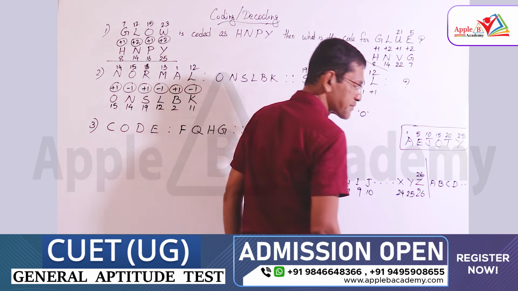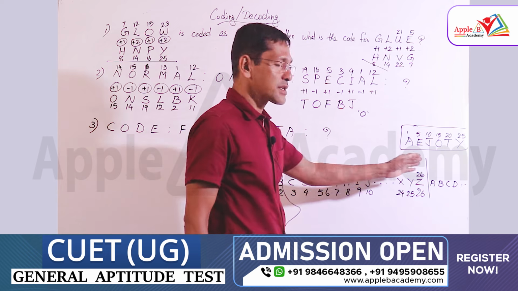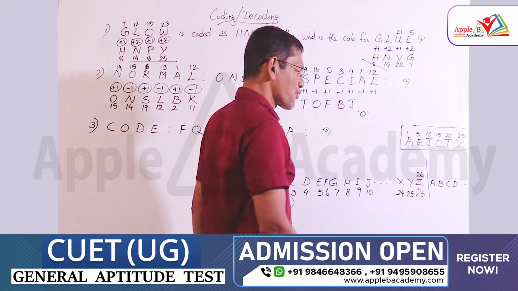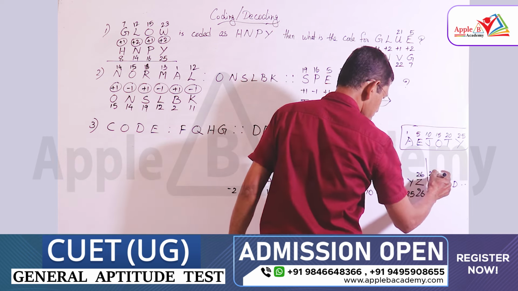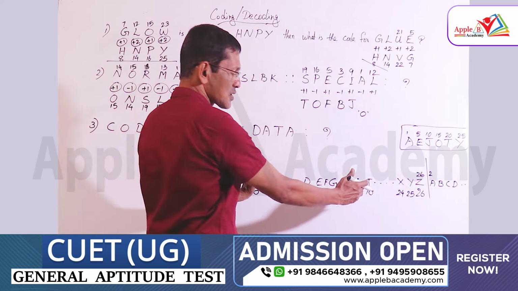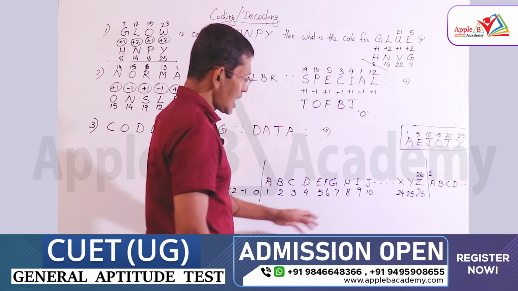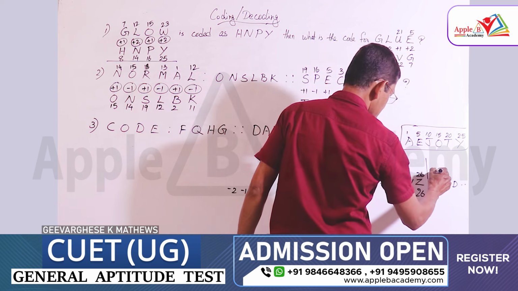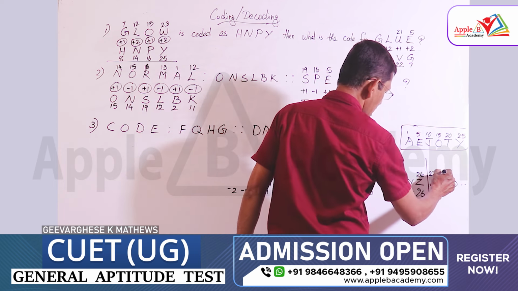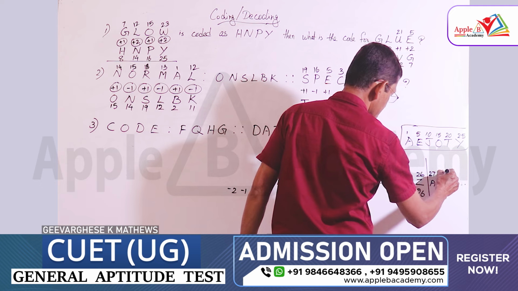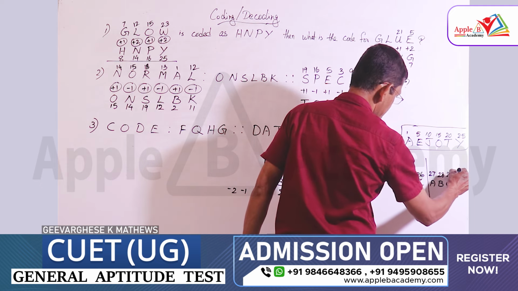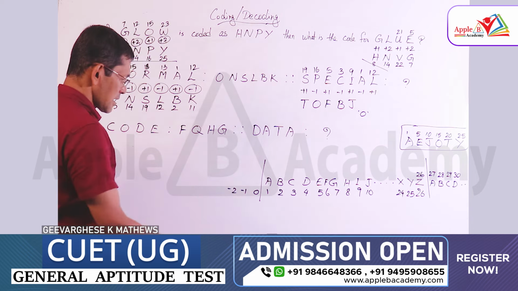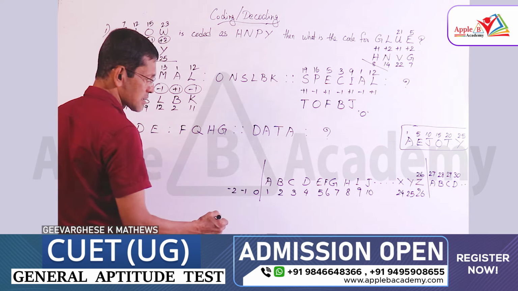It goes like that. So after 26, obviously we'll go for 27. So A in the next loop. This is the first loop of English alphabets and this is the second loop of English alphabets. So after 26 it is 27. So A has a value 27, this is 28, 29, 30, etc. It goes like that. And how about this case?